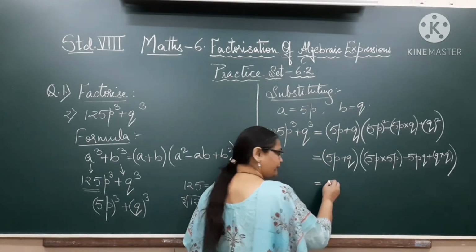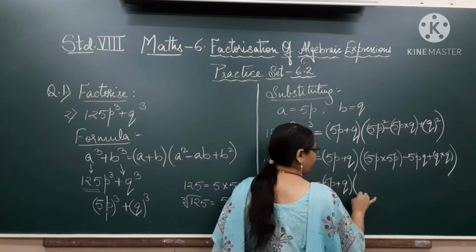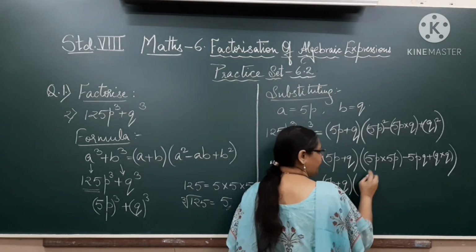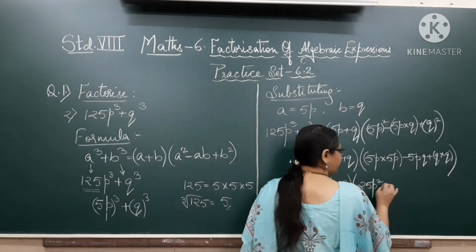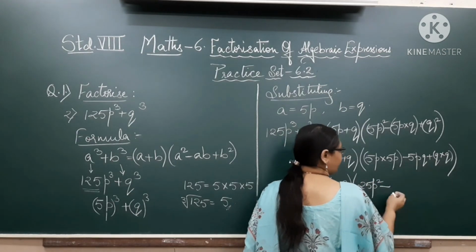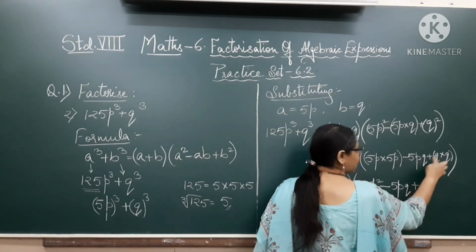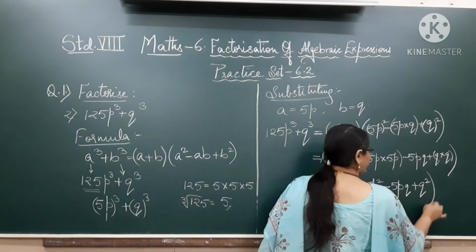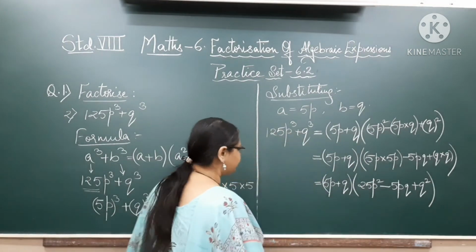Let us now simplify 5p plus q into 5 fives are 25, p into p is p square, so 25p square, minus 5pq, plus q into q is q square. I have finished with these two factors, so I have finished factorizing.